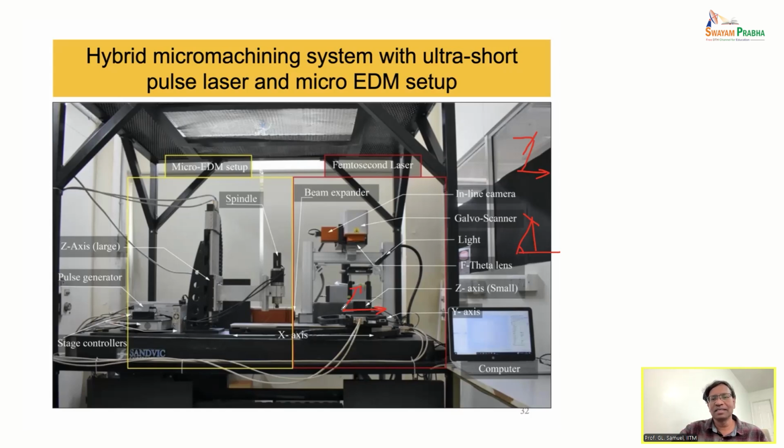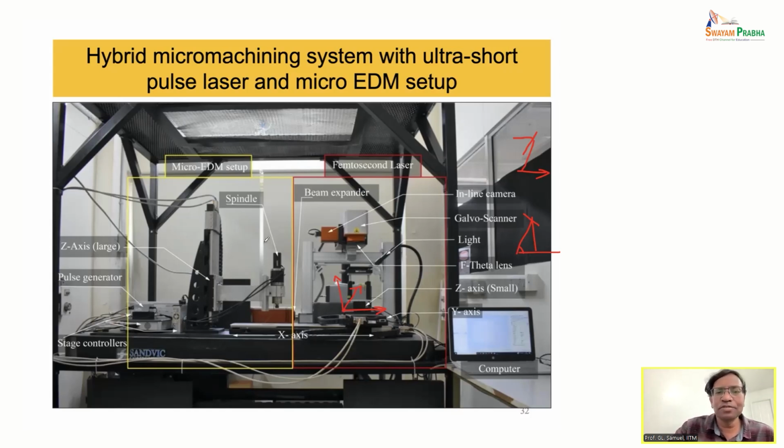So thus we can either use the galvo scanner or this movement of the stages in X and Y direction. If you have a Z scanner, the focusing height can also change. Okay, so this is the mechanism.